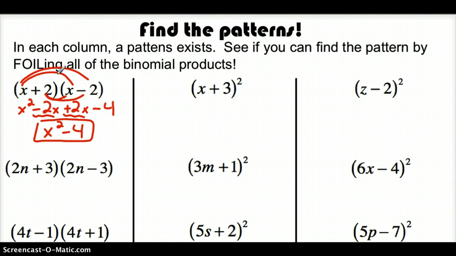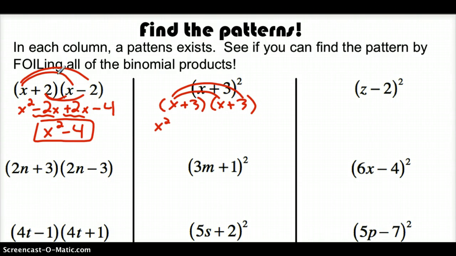Okay. In this next one, I'm going to rewrite this a little bit differently. This is the quantity of x plus 3 squared. This is not, I repeat, this is not x squared plus 9. Okay? Remember, what this actually means is this is x plus 3 multiplied by x plus 3. We have to FOIL this problem. Okay? So I'll take x times x is going to give me x squared.